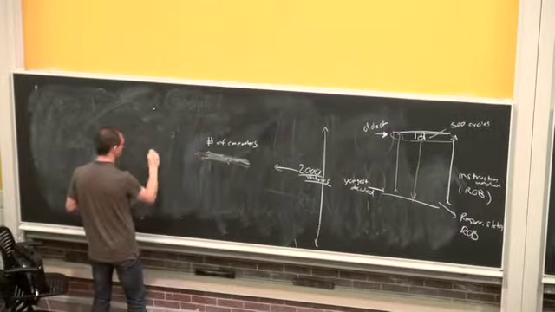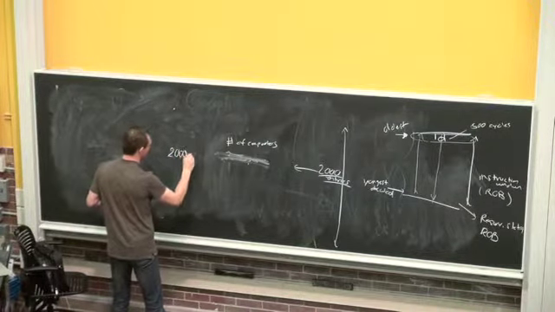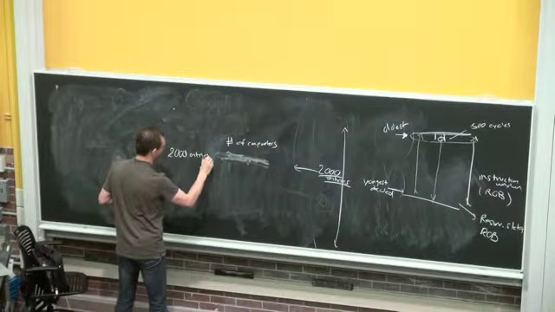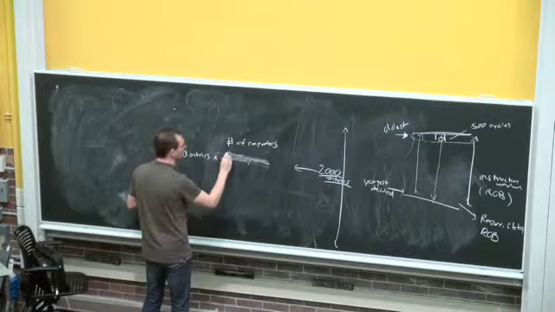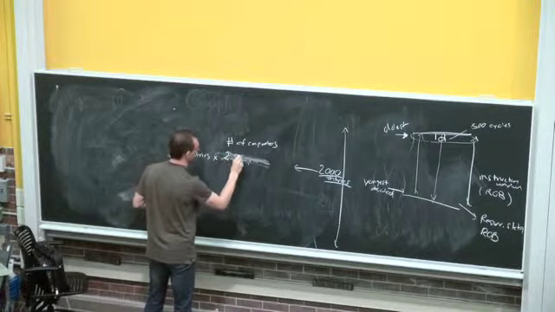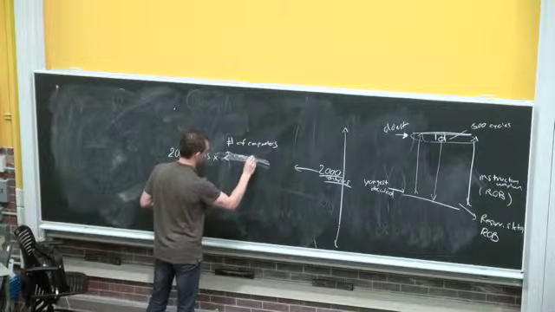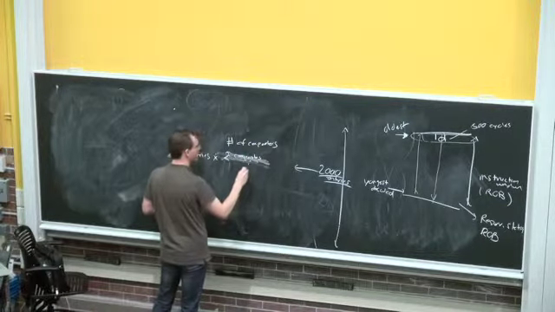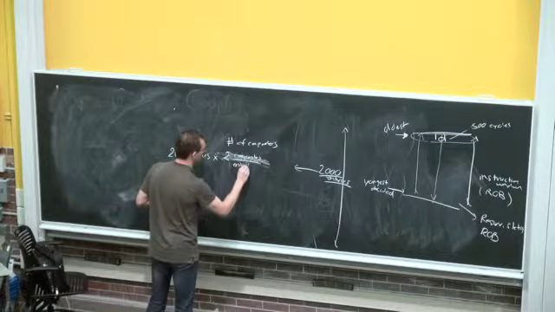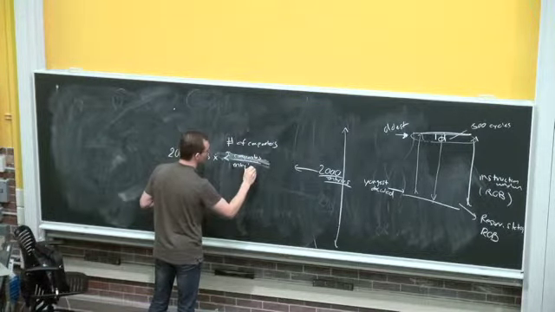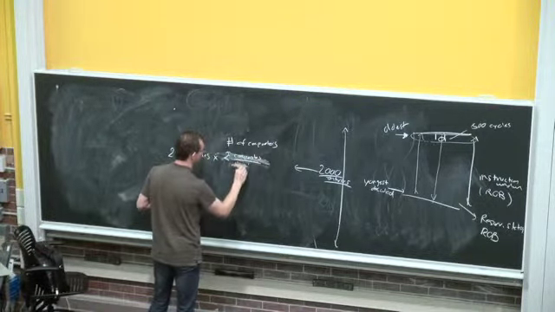Let me do this in a better way. And now, for each broadcast tag, you need two comparators per entry, if you will, and also a broadcast tag. Let's say broadcast tag.